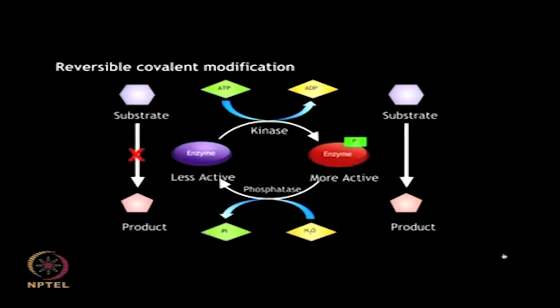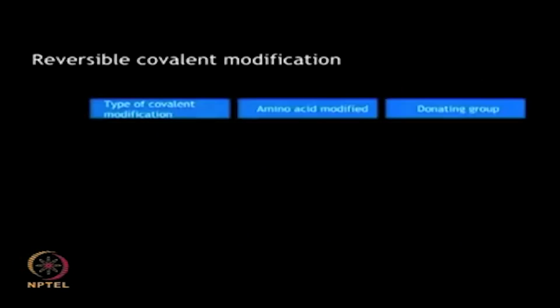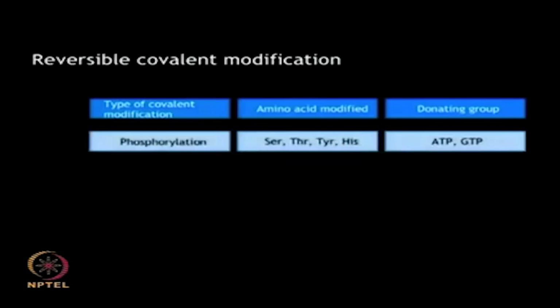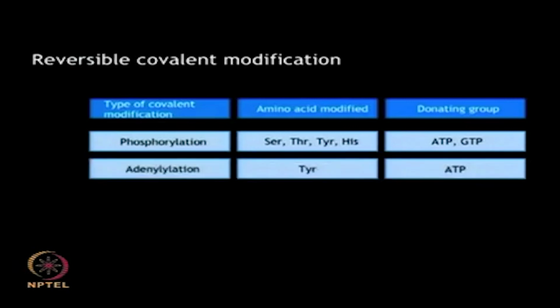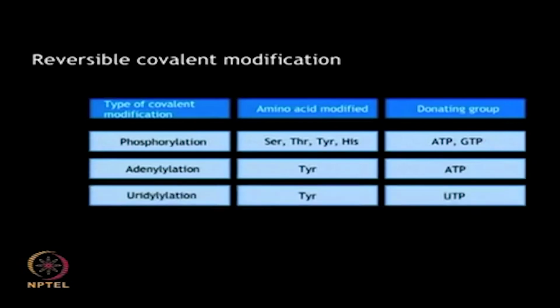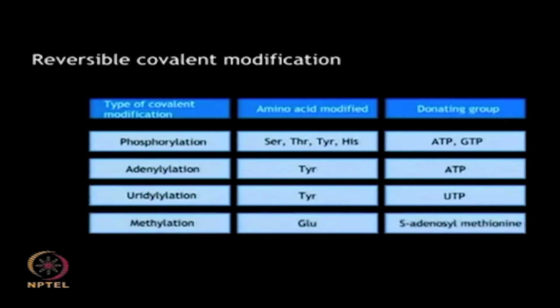Apart from phosphorylation, which most commonly takes place at serine, threonine and tyrosine residues, other reversible covalent modifications include adenylation, uridylation, methylation and ADP ribosylation, which modify different amino acid residues of the protein.